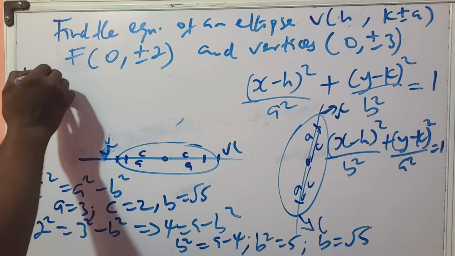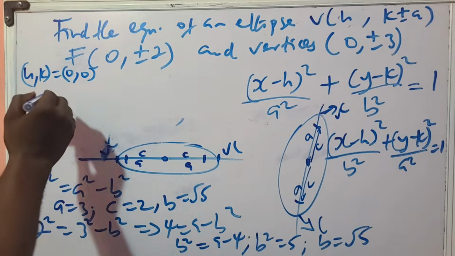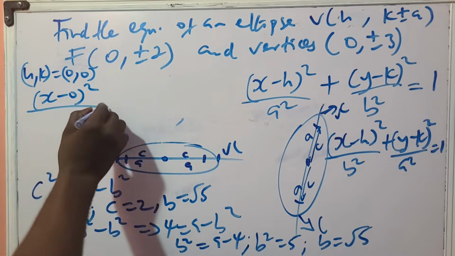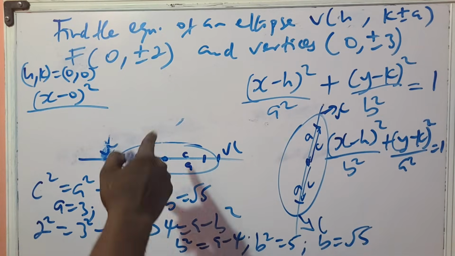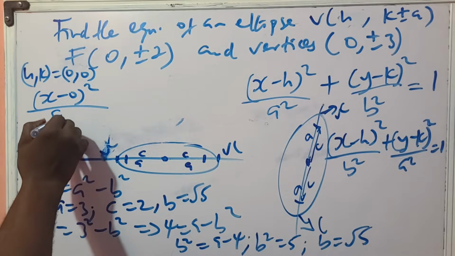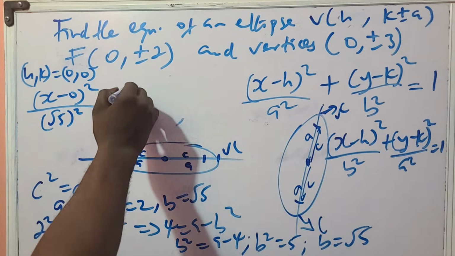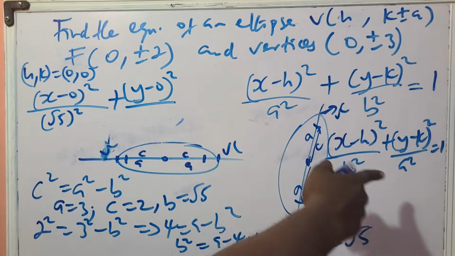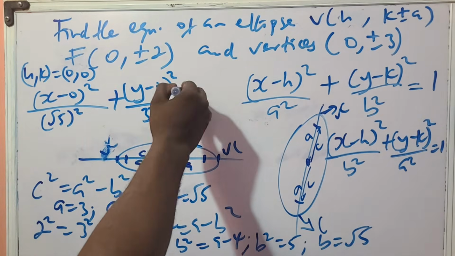HK is 0, 0. So I'll be having x minus 0 square over my B, which is square root of 5. That'll be square root of 5 square, plus y minus 0 all square over my A square, that'll be 3 square, because my A is 3, equals to 1.